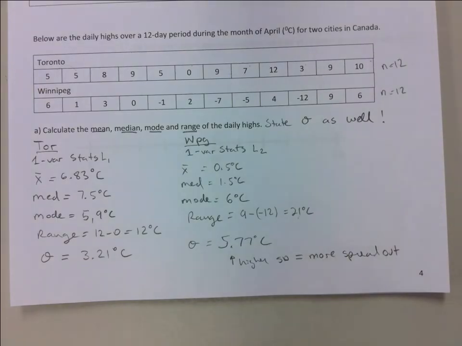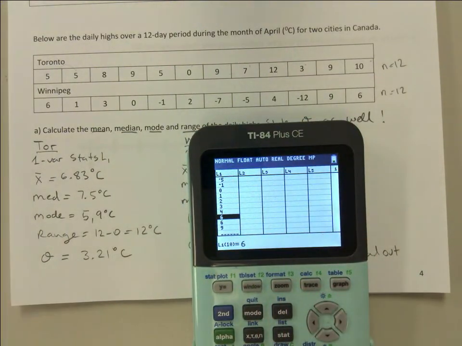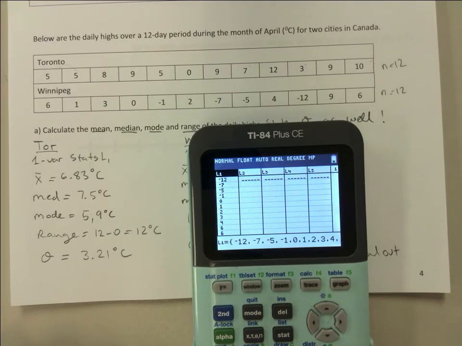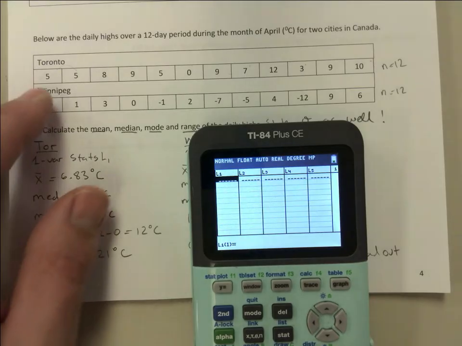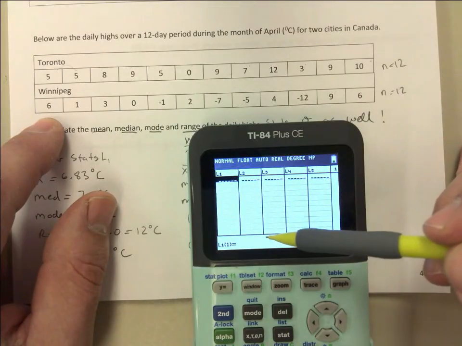I should have asked you to keep L1 and L2. Okay. Can I ask you to do this real quick because we're gonna need it for what we're doing next? I'm gonna clear my data set. I'm gonna put Toronto into L1 and Winnipeg into L2. Can you please do that with me?